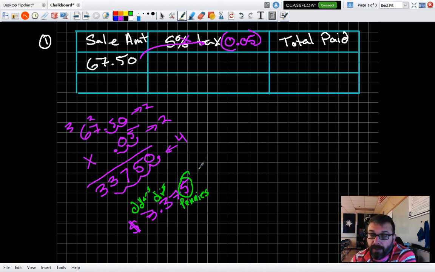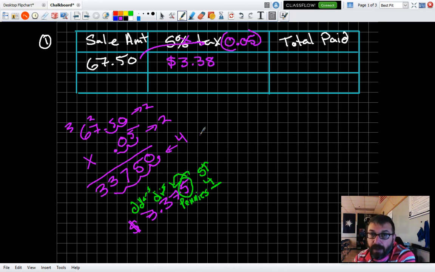Now, if there's 5 or more, we go up. 4 or fewer, it stays on the floor. And it only affects the number beside it. So instead of $3.375, we will write the actual dollar amount that we could do. In this case, it would be 3.38.